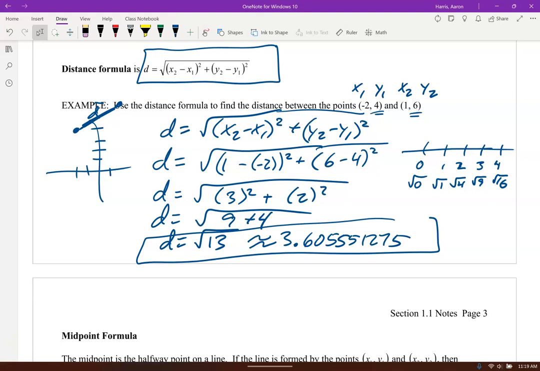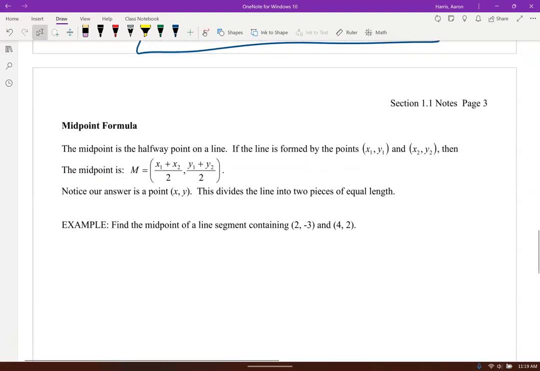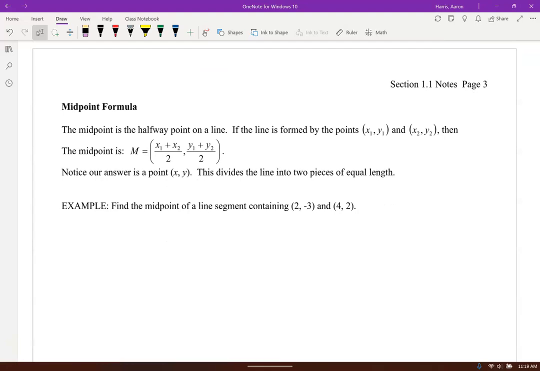Now, if you're finding the midpoint between 2 points, the halfway point, it takes going from x1, y1 to x2, y2. What it does is it finds the average between x1 and x2.